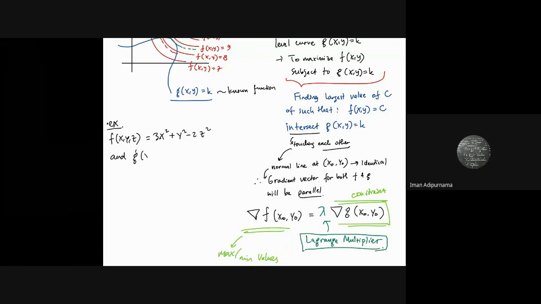Or maybe just make equations. And 3x plus 2y negative 8z is negative 50. Use Lagrange multiplier to find max or minimum value.